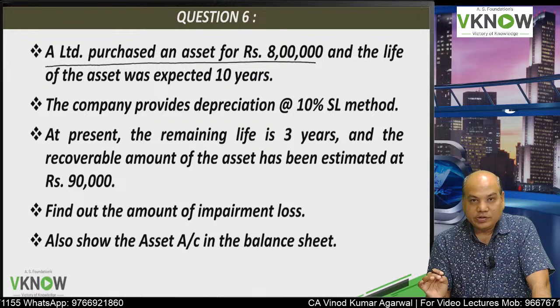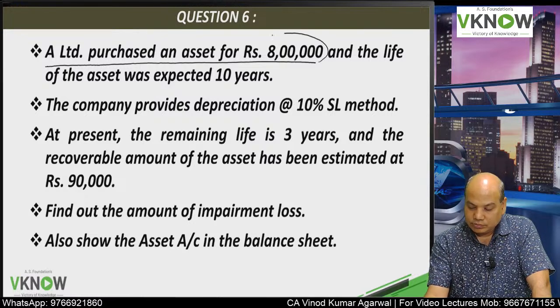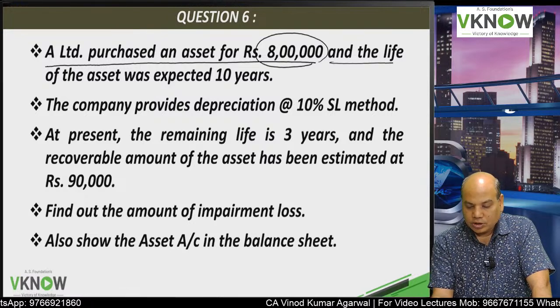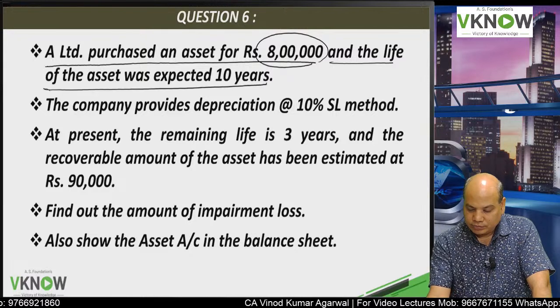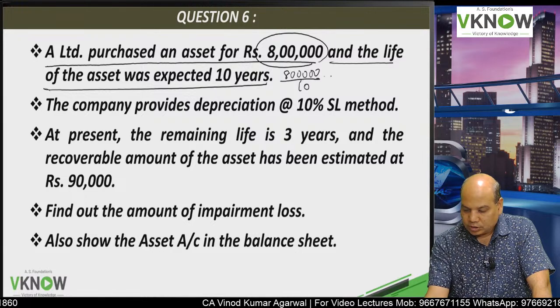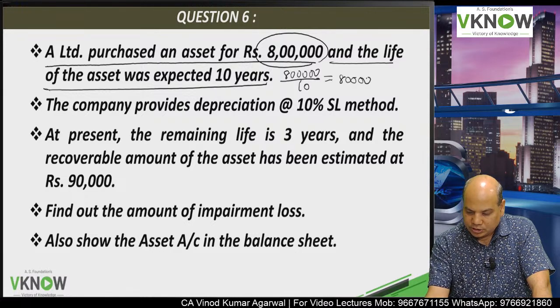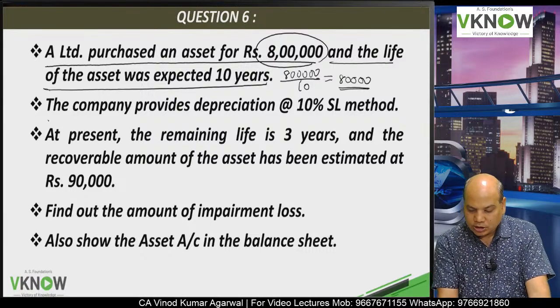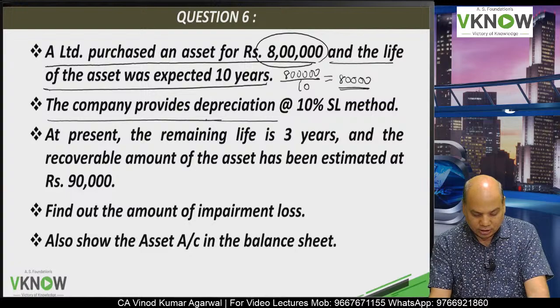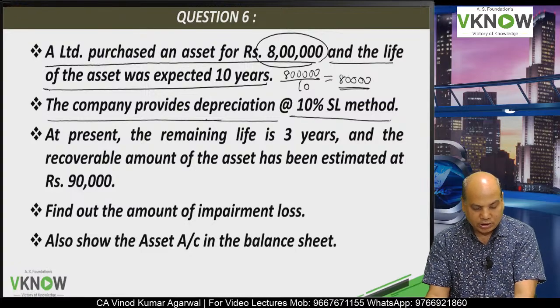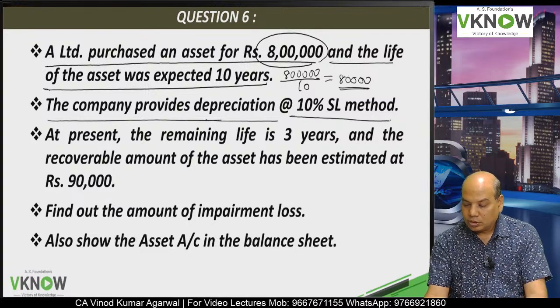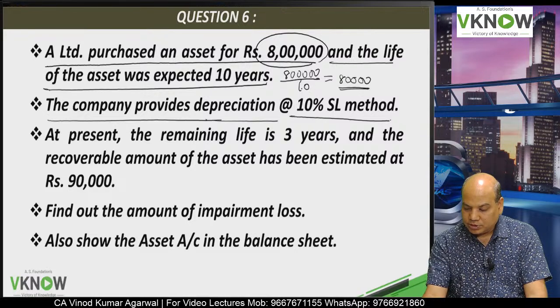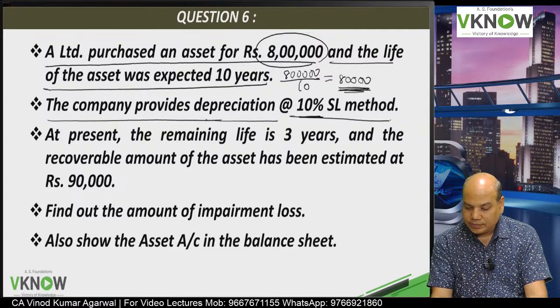A Limited purchased an asset for 8 lakh. Cost is 8 lakh and the life of the asset was 10 years. So annual depreciation would be 80,000. The company provides depreciation at 10% straight line method. That is 10%, 1 by 10 every year, 80,000 every year.